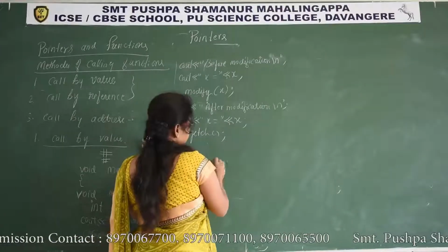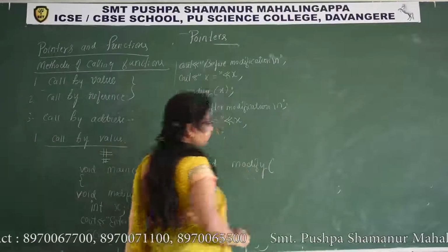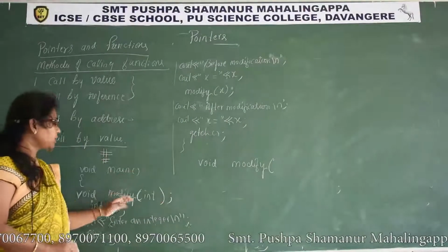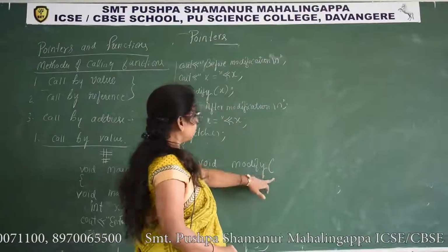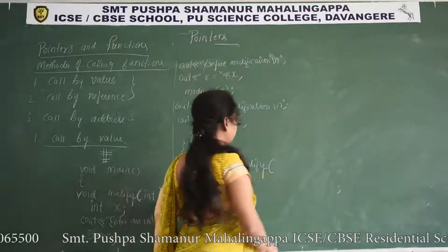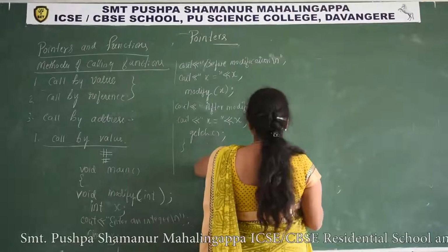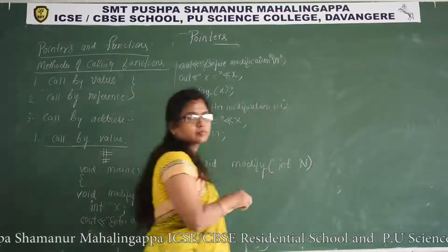Void modify. To this function I have to pass a value. So I took a value here, the x value will be passed here. To receive this value I have to take a variable. What type of value is coming? Integer type. So I'll take int n here.